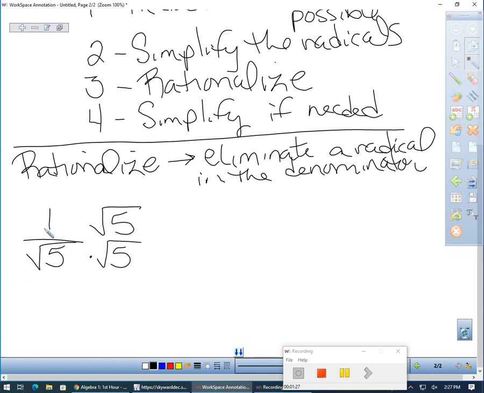Exactly. So in this case, 1 times the square root of 5 is the square root of 5. And on the bottom, the square root of 5 times the square root of 5 is 5. Because technically when you multiply these two radicals together, you actually get 2 5s, so it can come out as one group, right?